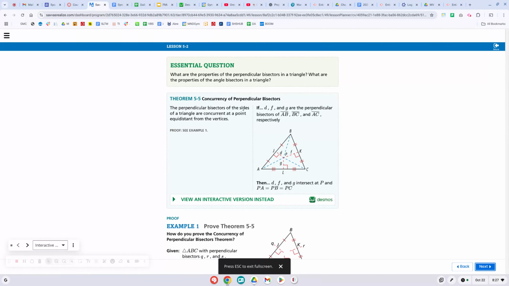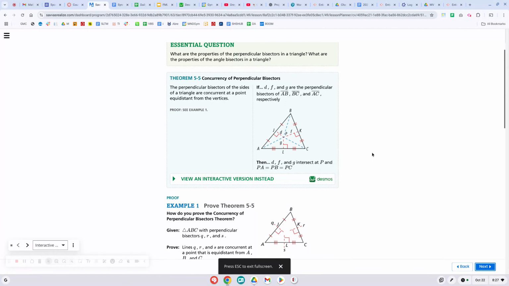The perpendicular bisectors of a triangle are concurrent, so they all meet at a single point. And that point is equidistant from the vertices of the triangle. This is important. This is what we were just talking about. So think about what we learned before about the perpendicular bisectors.